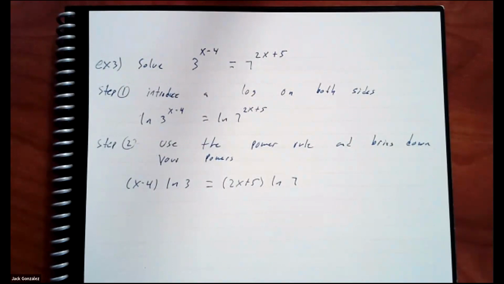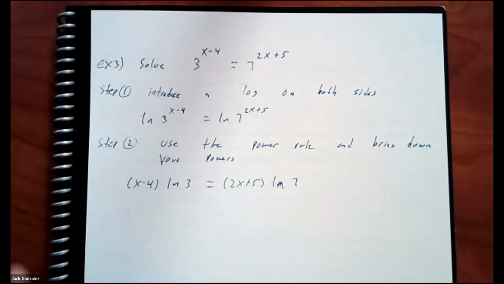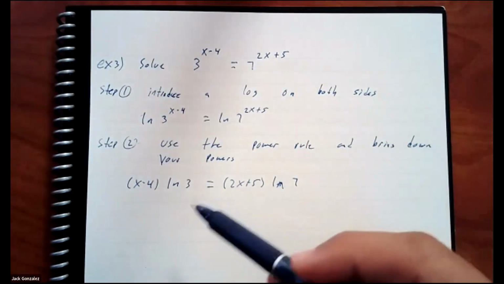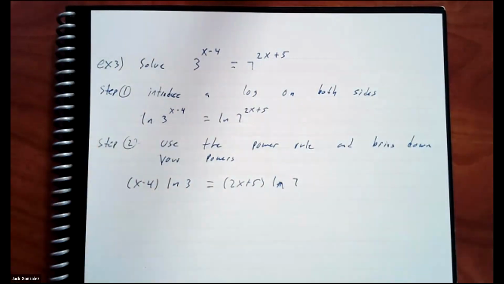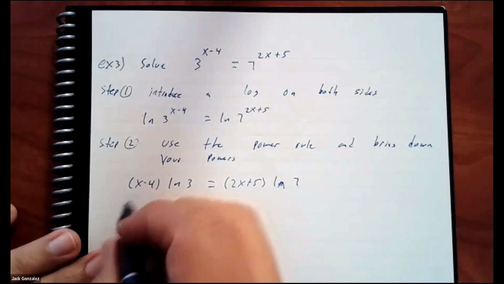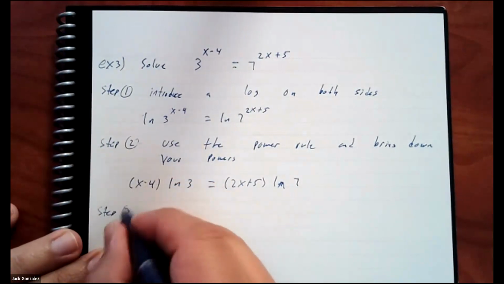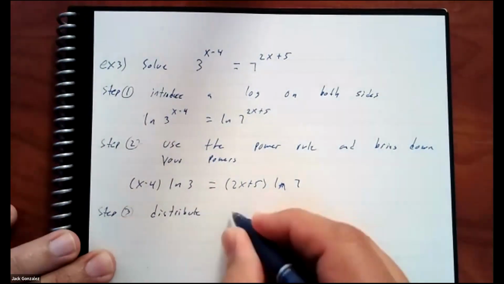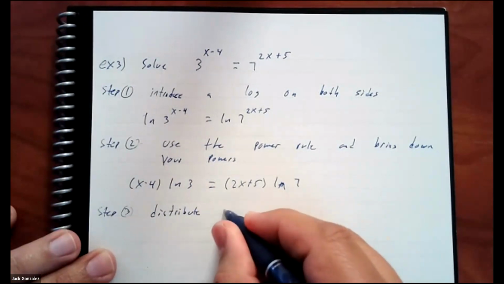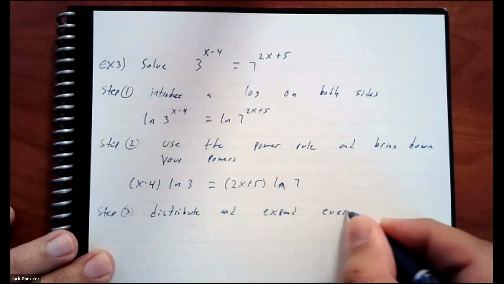But that doesn't mean we remember, right? So gotta practice. What I advise you at this point is just distribute everything out and then get all the x's to one side. Okay. So ln 3 times both of these. So step 3, distribute and expand everything.